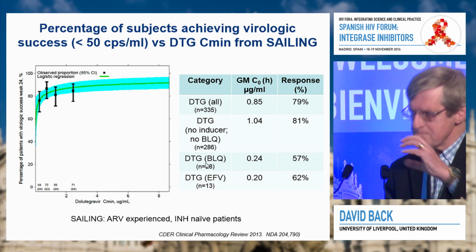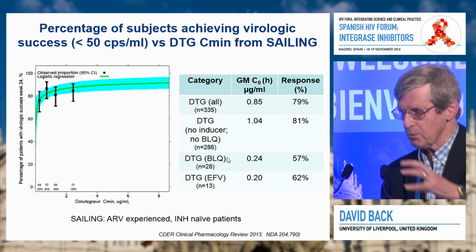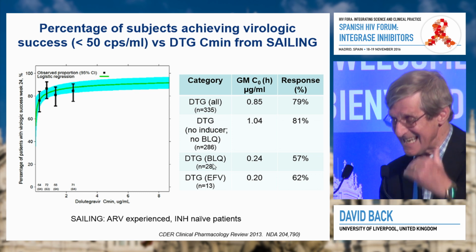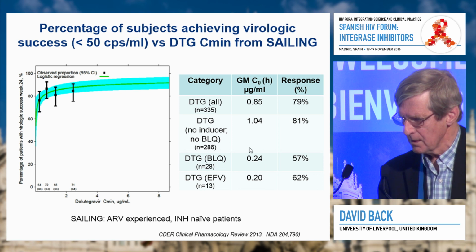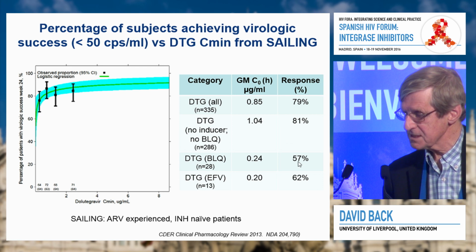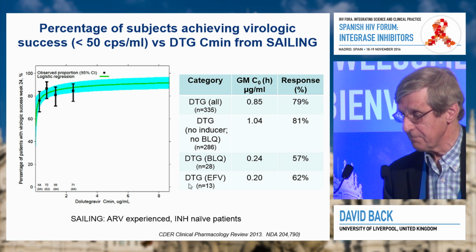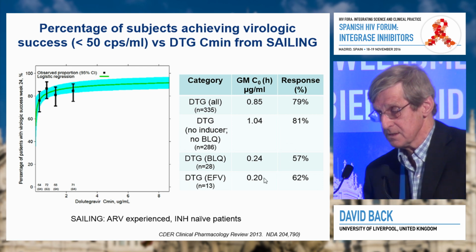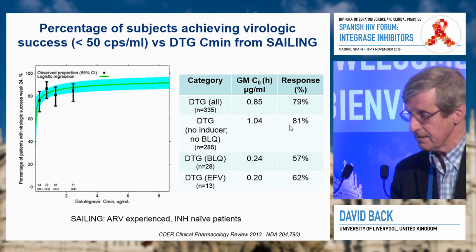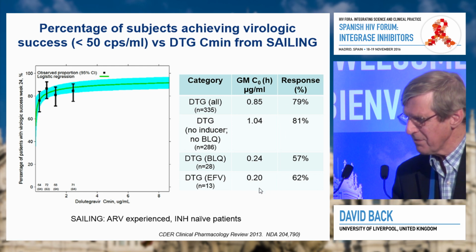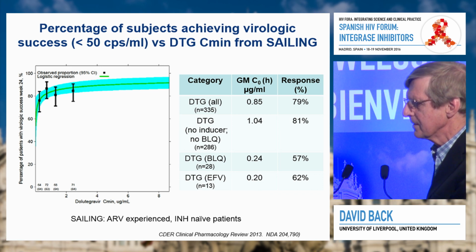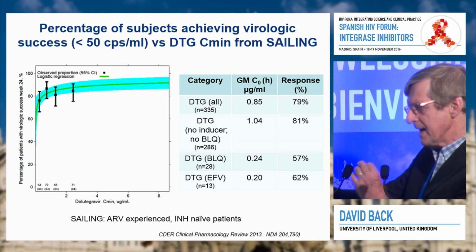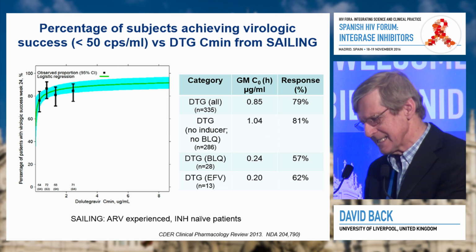But if patients missed some doses and there was below the limit of quantitation of some drugs during the SAILING study, you can see here the concentrations have declined and the response has clearly declined. And if patients were on Efavirenz, the concentration was declined and the response was declined. Now those values are above the protein-adjusted IC90, but they're just around and below the EC90.